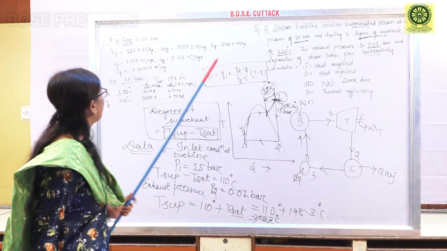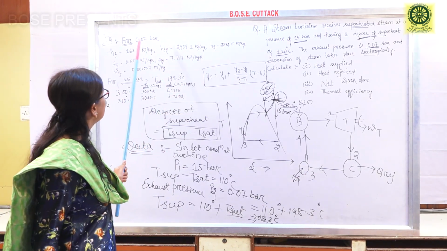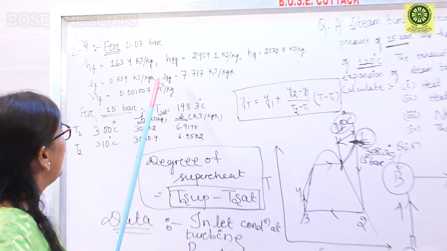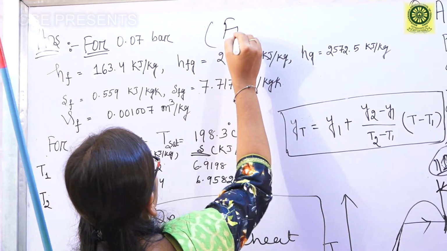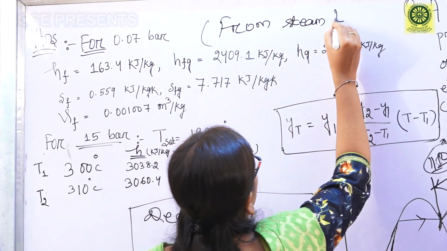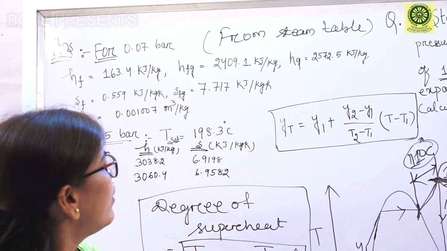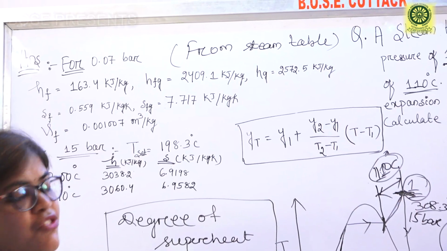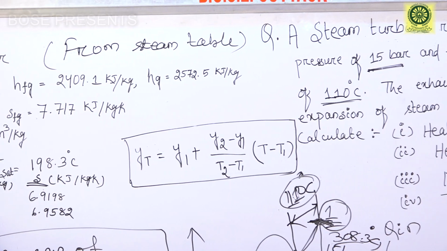So here I have already written down the values that I have obtained from your steam table. See, for 0.07 bar pressure I have already written these values. So you also first write down those values for pressure 15 bar and for 0.07 bar from your steam table and then only proceed further.